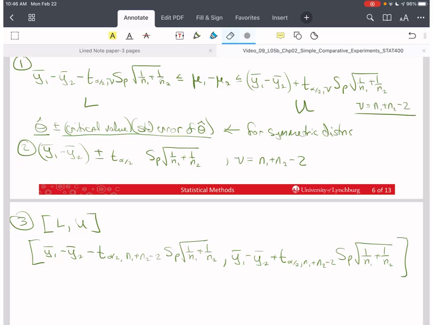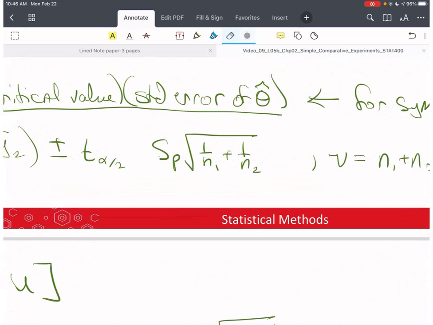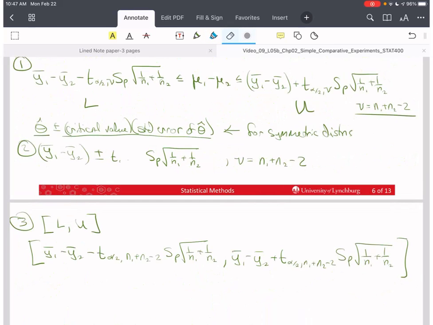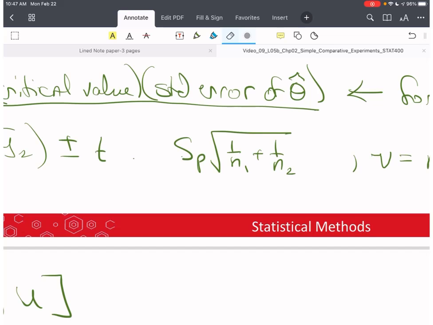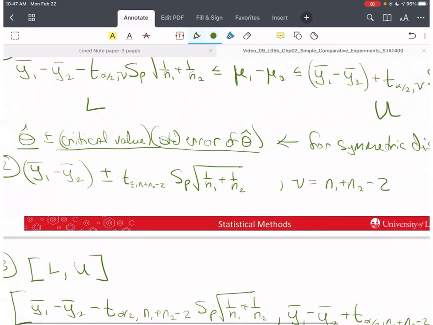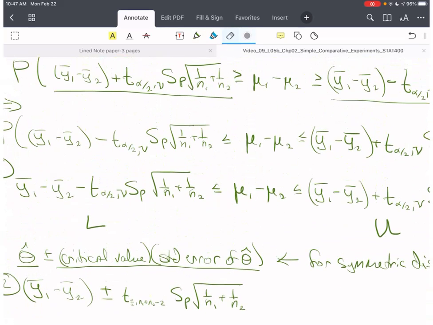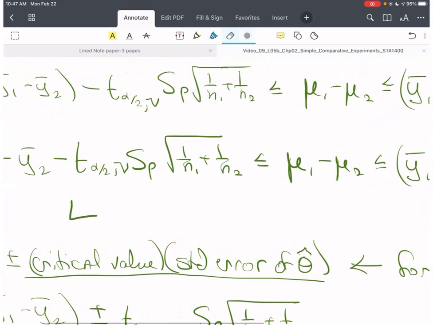Okay, and because it's easy to write here, I will rewrite this: alpha over 2, n1 plus n2 minus 2. And that way I don't have to define nu, but it's short enough that I don't need to do that. And then I will do the same thing here, alpha over 2, n1 plus n2 minus 2.